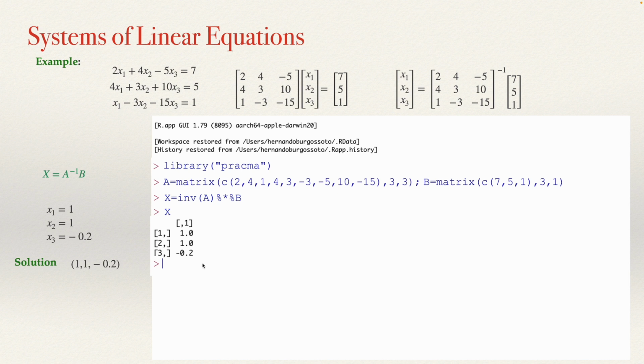So in another video, I will be explaining how to use pracma for solving a system of linear equations, even if the inverse of A doesn't exist. But for this video, that will be okay.